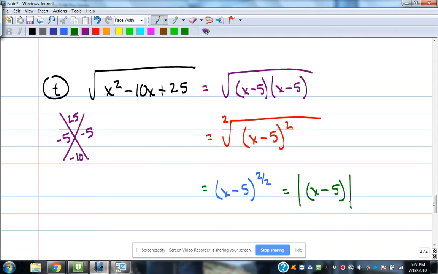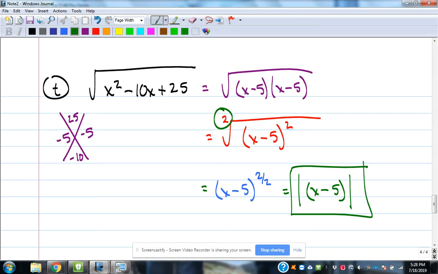Absolute value marks. Why does it have absolute value marks? That index up there is an even index. So that's why we need it. Anytime it's an even index, that's what we need. All right.